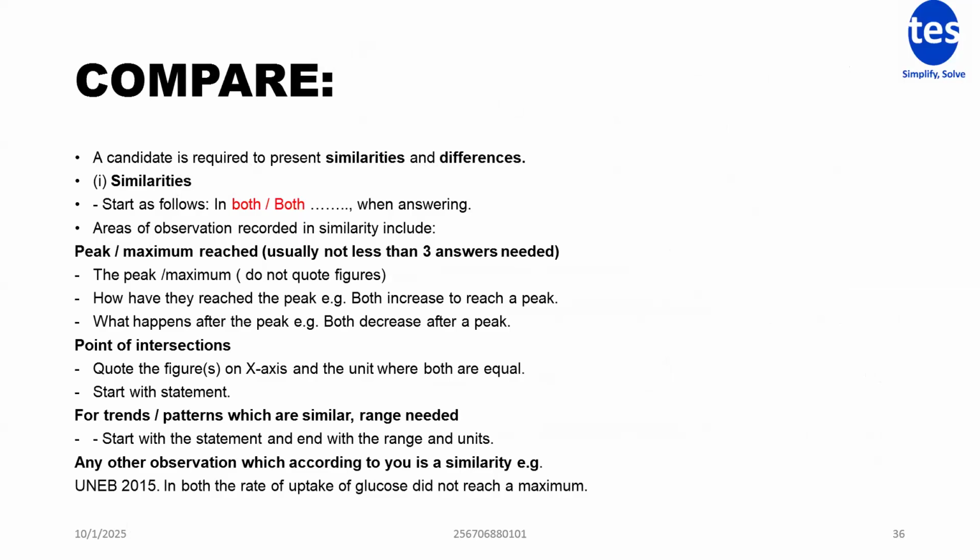If they ask you to compare, you should give similarities and differences. Now, for similarities, they're always just free marks. I always tell people, I call them BPA. Okay? Always, we should note the peak. The peak has 3 marks, whether in similarities or in differences. That's why in this question of compare, you should put as many answers as possible.